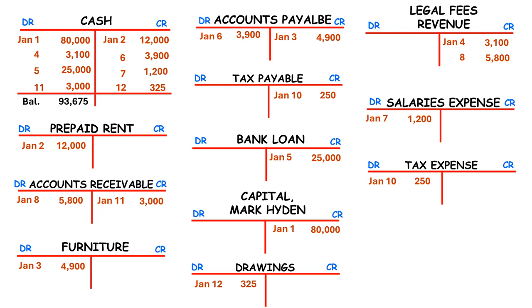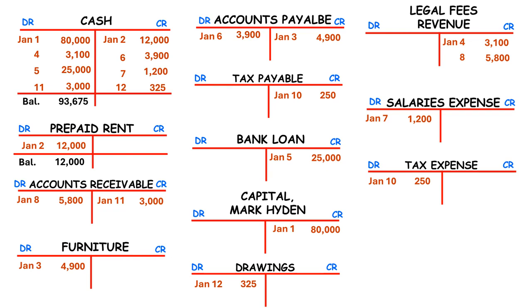Let's look at the prepaid rent account. The prepaid rent account debit side is higher than the credit side by $12,000. So first I'm going to draw a line like that, and then subtracting one side from the other gives us a balance of 12,000 on the debit side.